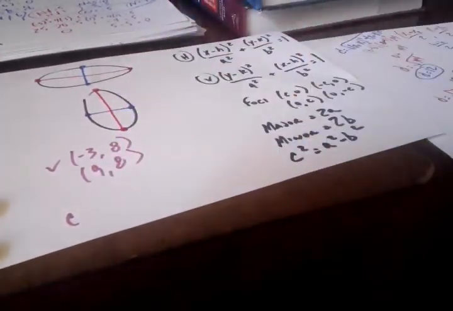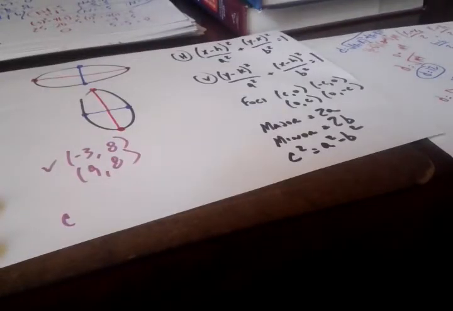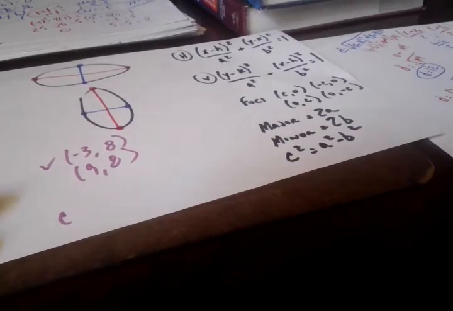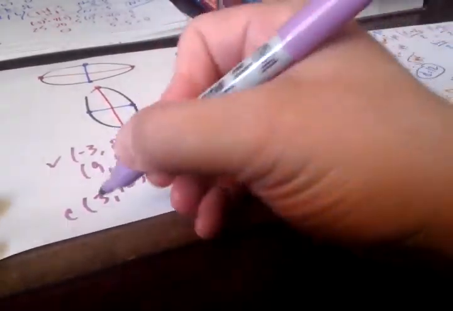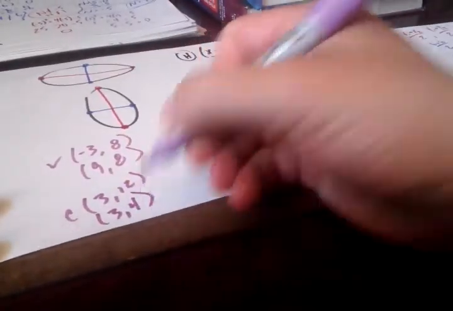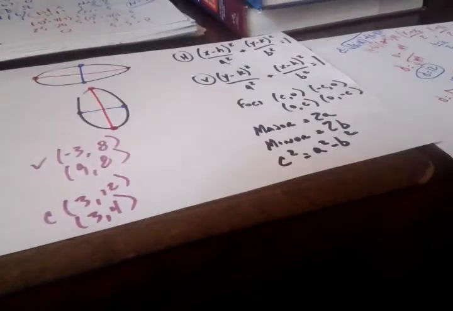The co-vertices are 3, 12, and 3, 4. We're not actually going to do this problem. I'm just going to point out that this one's different.